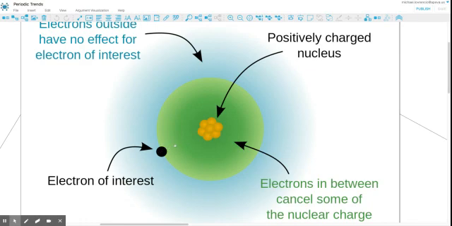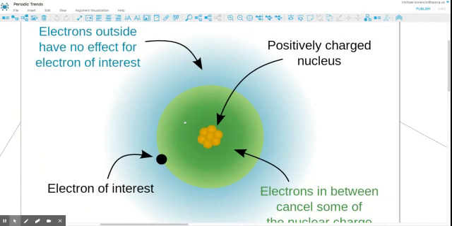The closer the electron is to the nucleus, the higher that effective nuclear charge is, the more it's going to feel the attraction of the nucleus. The larger the nucleus, the more protons, the more attractive force that electron can feel from the nucleus.